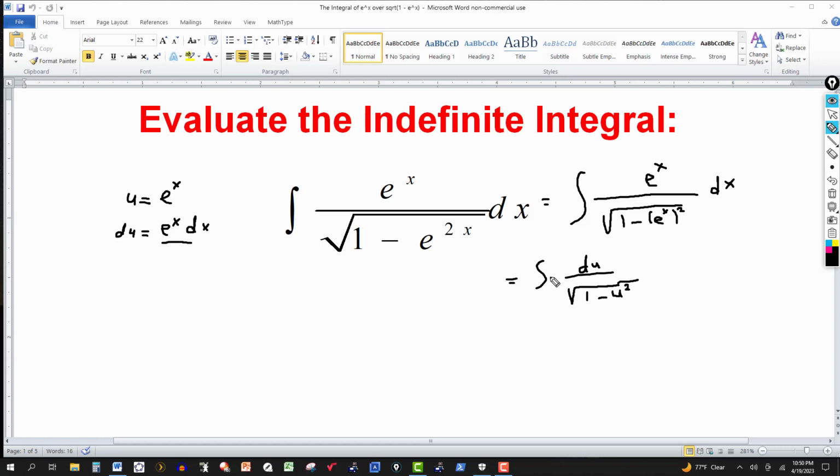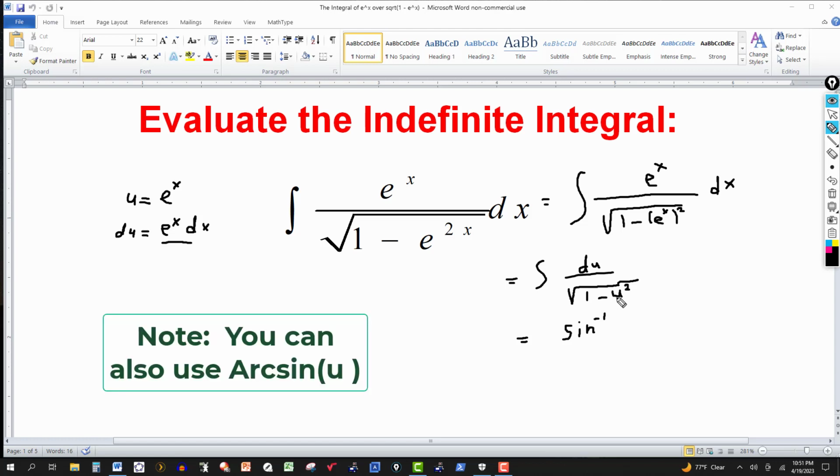And then there is a formula for the integral of du over the square root of a squared minus u squared. But isn't that that form? Because 1 squared is 1, and of course I have u squared right there. So the formula says if you have it in that form, the integral of this expression should be the sine inverse of u over a.